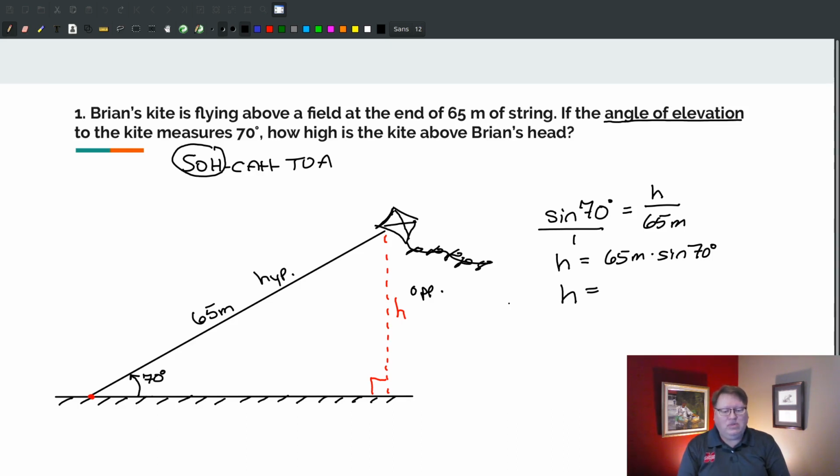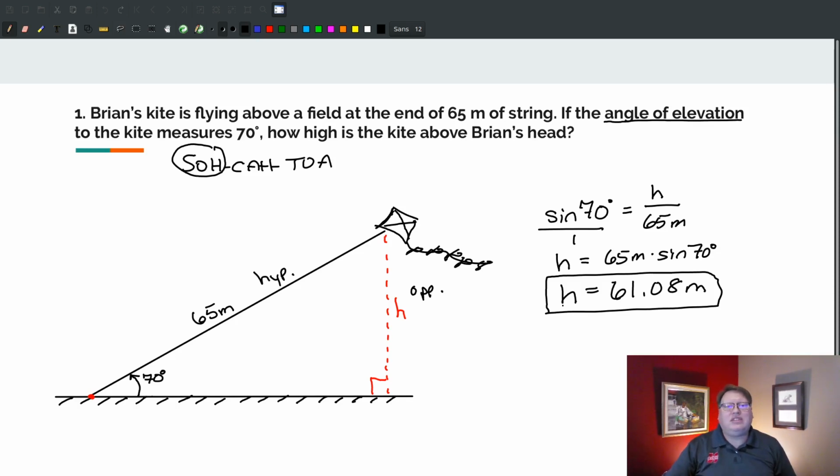And that is equal to 61.08. So we get 61.08 meters, and that is our answer. So this kite is flying 61 meters above the head of Brian.